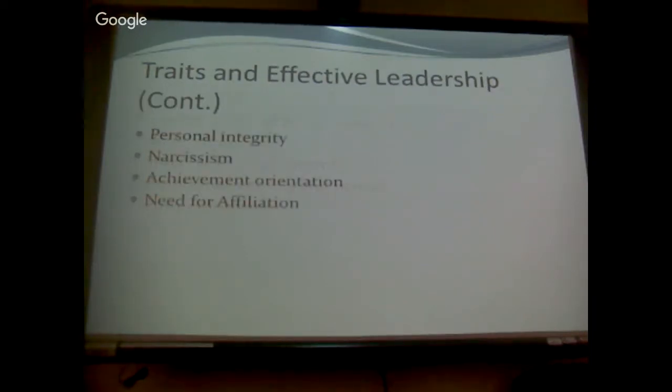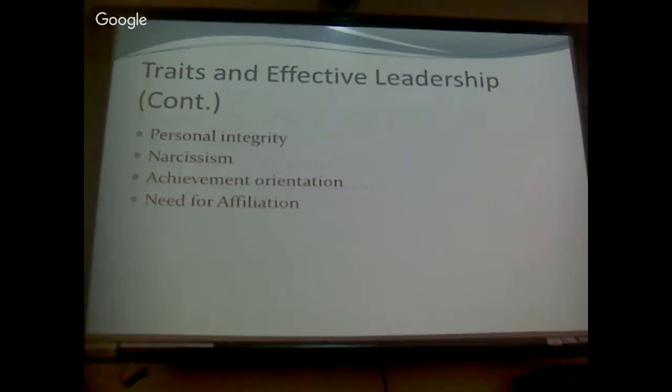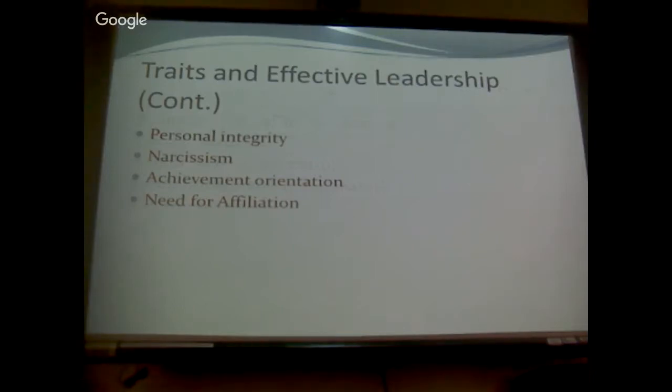Personal integrity. In some ways, this increases credibility. Somebody who has a lot of personal integrity can create an atmosphere of fairness, to borrow some terms from psych 513, justice of some kind: distributive justice, procedural justice.